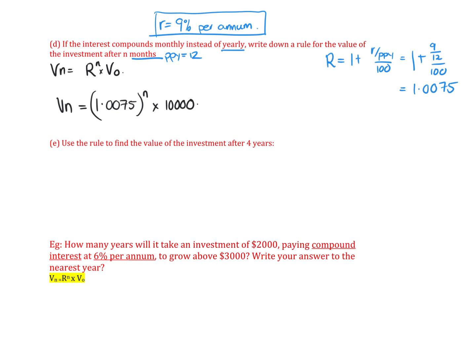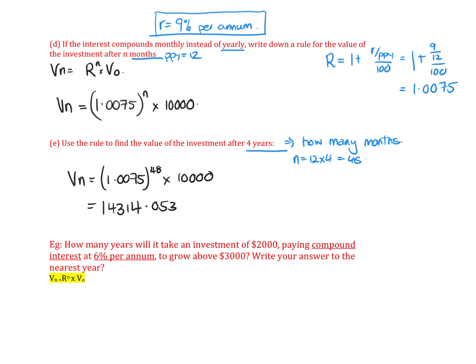Use the formula to find the investment after 4 years. If it's 4 years, how many months is that? 48. Yep. So n must be 12 months times 4, so 48. So it's going to be 1.0075 to the power of 48 times 10,000.